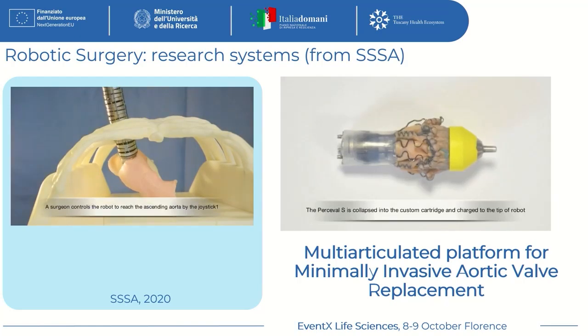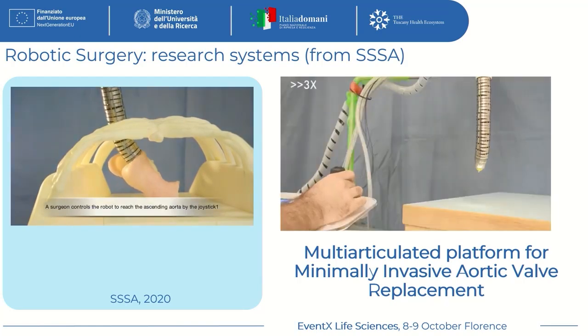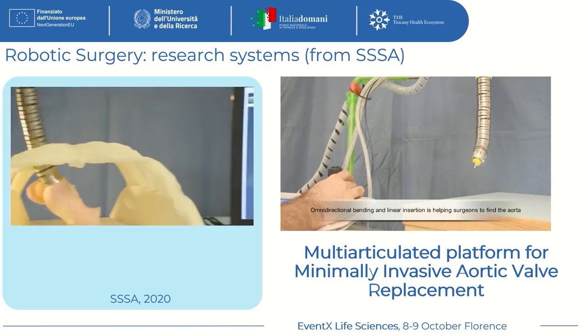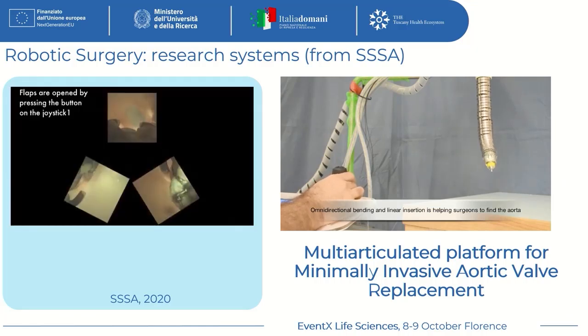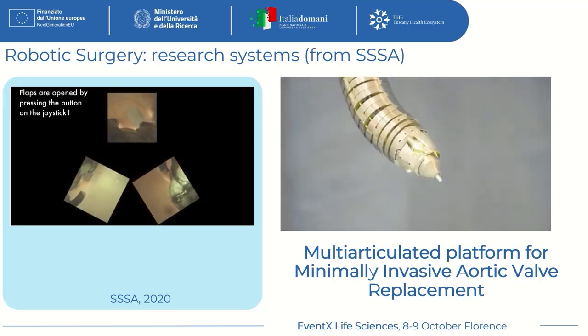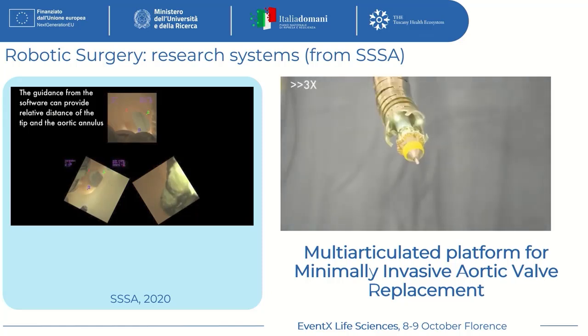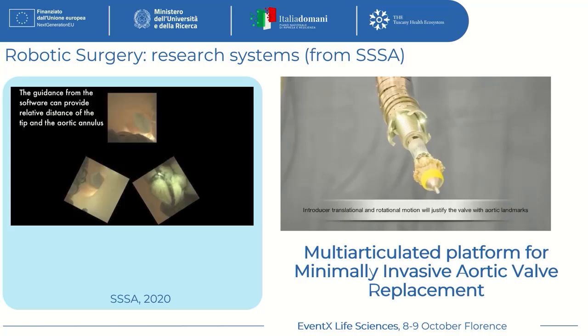Or a system like that, a robot developed also with Fondazione Toscana Gabriele Monasterio for the surgery of the heart, for repairing some valve in the heart. In this case, this is a cable-actuated system with the ability, with respect to the other counterparts, to enter between a couple of ribs, and so to make possible some minimally invasive surgery in situations where normally you have no tools or technologies for doing the same with minimal incision.